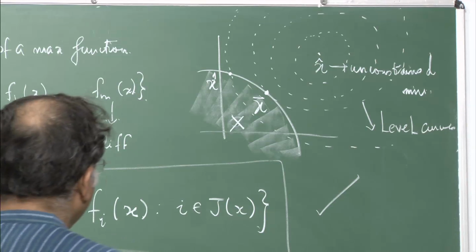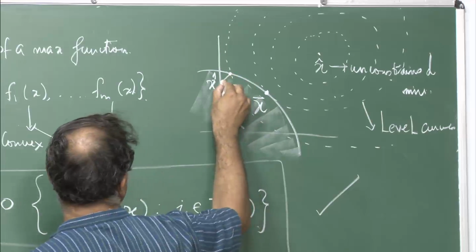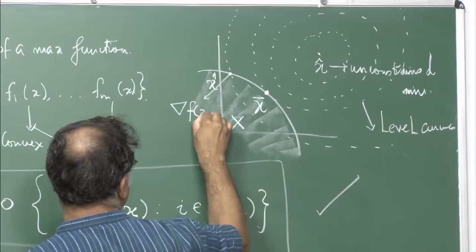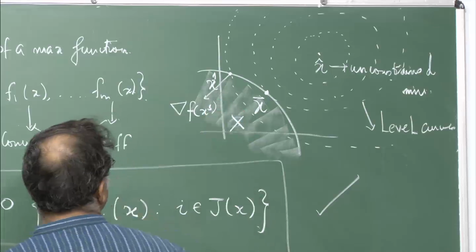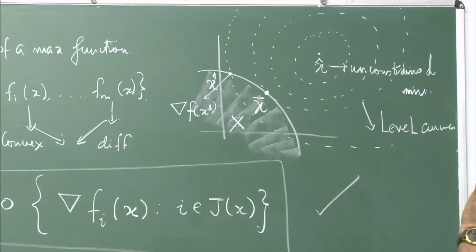So, here again, if you want to find the gradient, it is actually here. So, it is the gradient of f at x1. So, I am looking at the negative of the gradient, right.